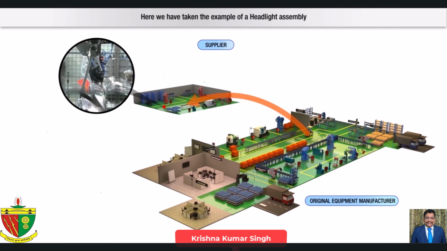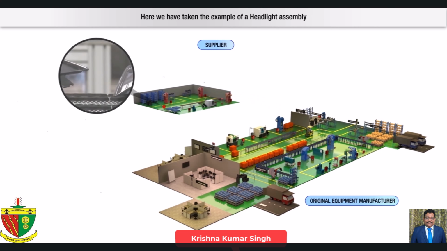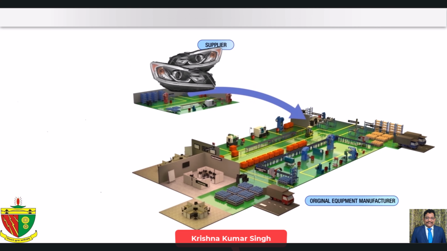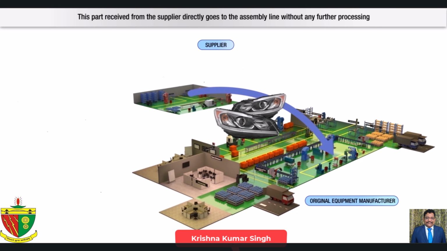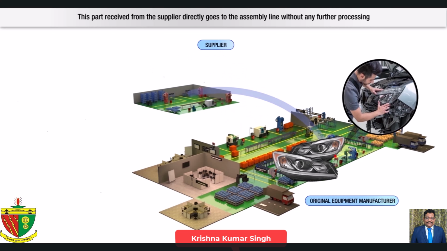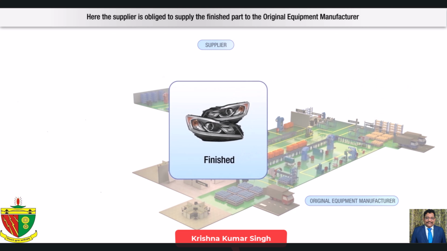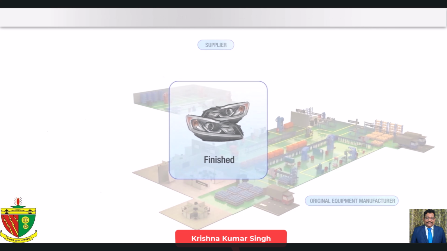Here, we have taken the example of a headlight assembly. This part, received from the supplier, directly goes to the assembly line without any further processing. Here, the supplier is obliged to supply the finished part to the original equipment manufacturer with all quality checks done in line with the original equipment manufacturer's drawings.